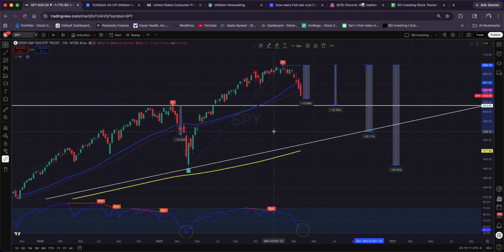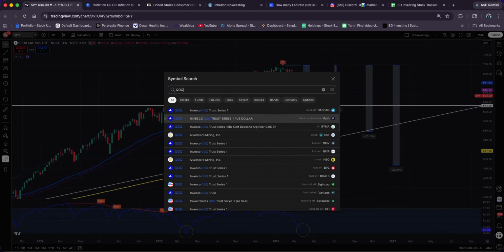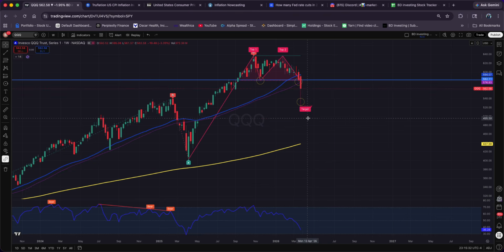The thing I have drawn over here are key levels where we usually see the market bounce. So a 10% drawdown, and we're about to see that in the S&P 500. We're just 1% away from a 10% drawdown correction, but on the Nasdaq we are already in a 10% drawdown.